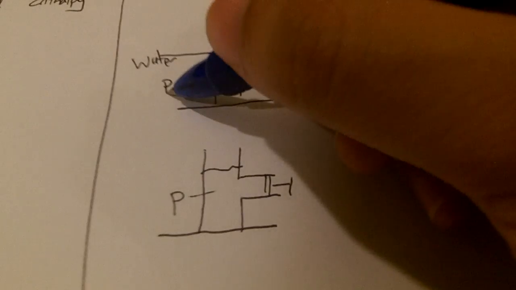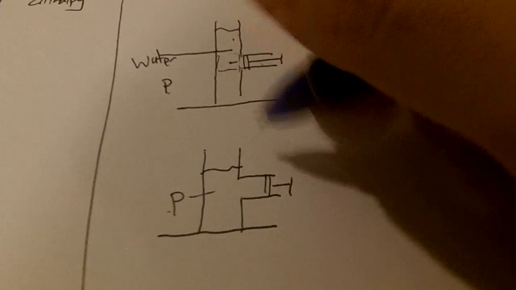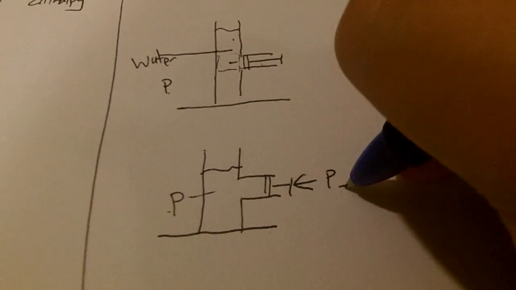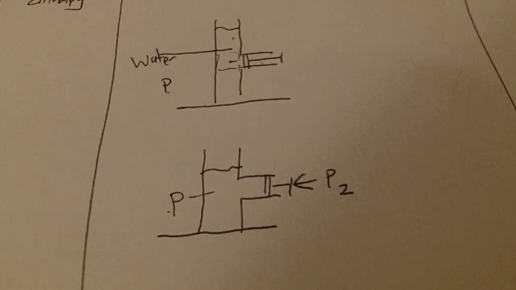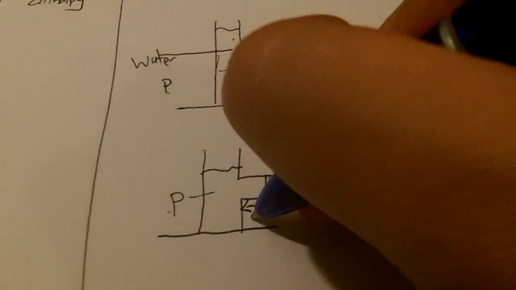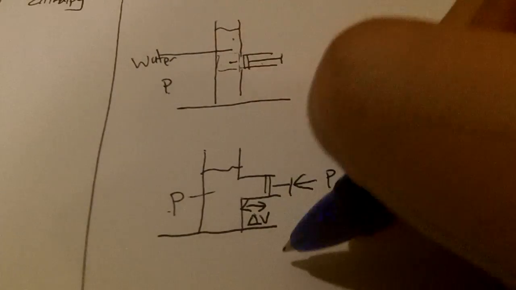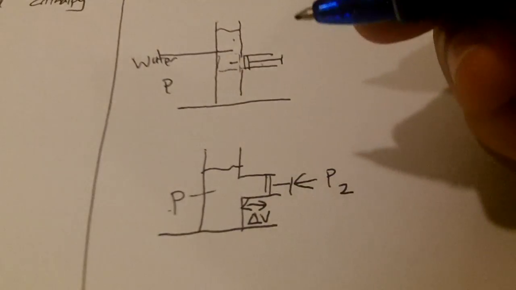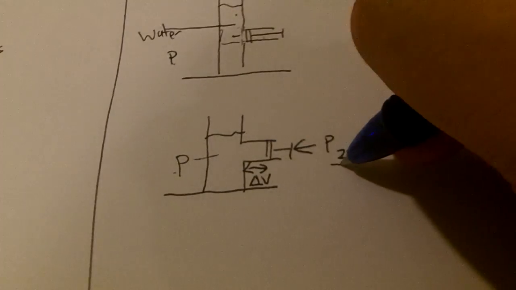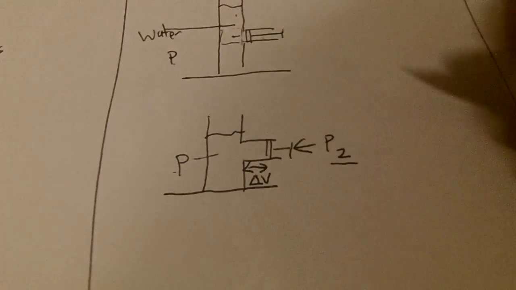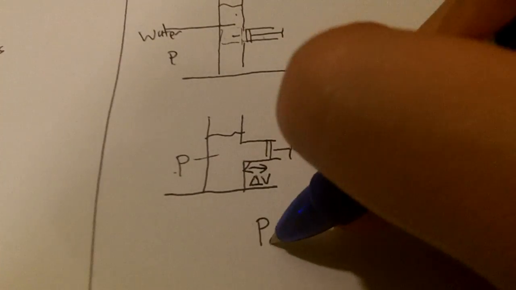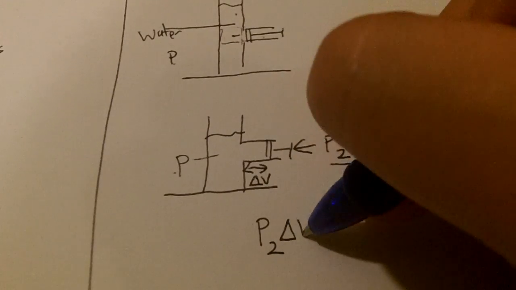Now this system has a pressure P, it's pushing against the surroundings with a pressure P2. How much work has it done? You have delta V, and you have a pressure P2 that you have to push it against. So the flow work done is P2 delta V.